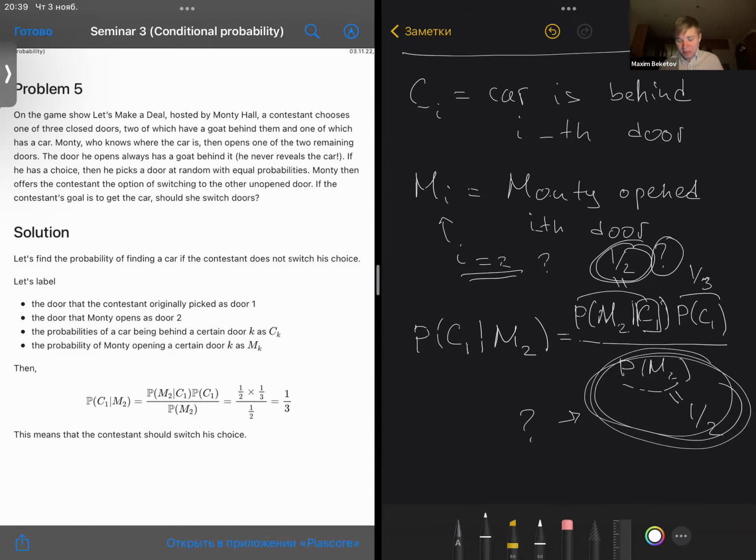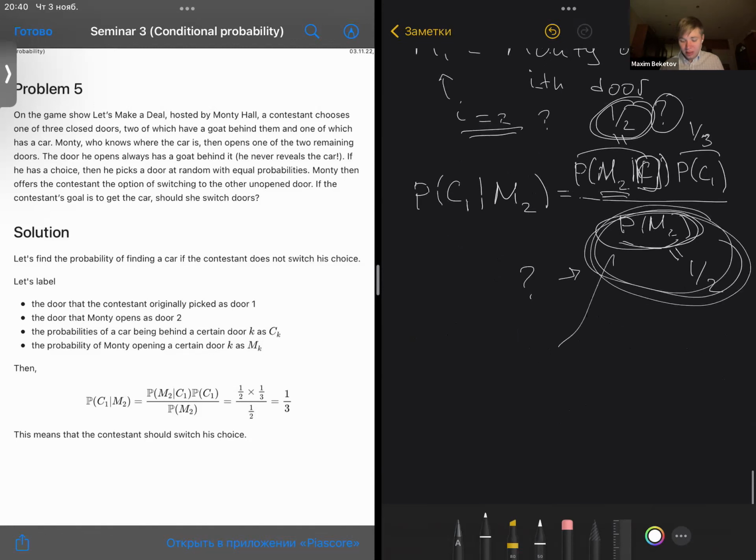So that's why I think this solution is not exactly correct. But I'm not sure about this one, the probability of Monty opening door number 2.